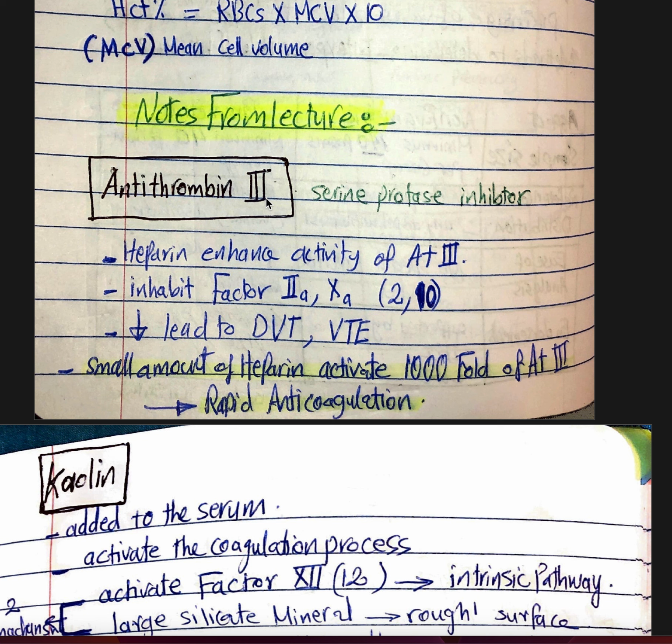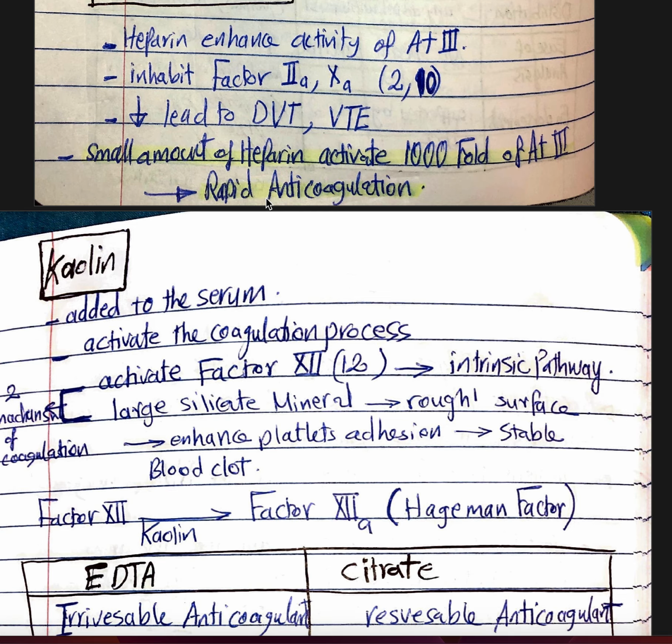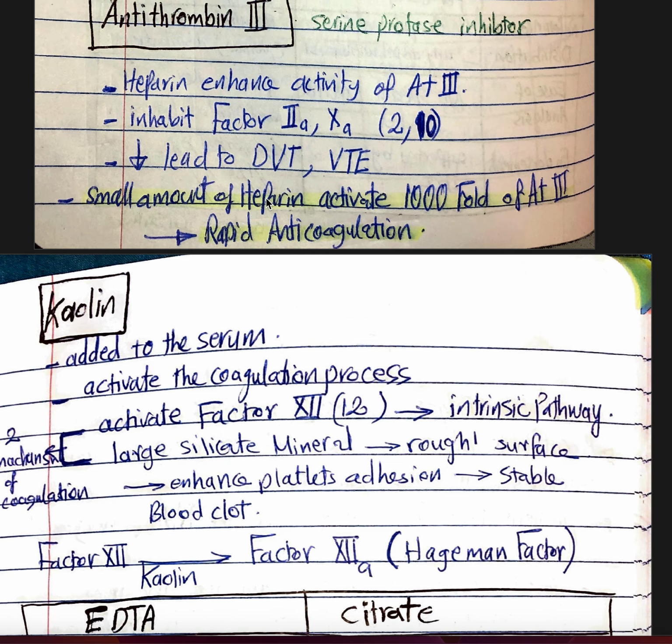It prevents the action of activated factor 2 and factor 10. The other important thing is that heparin activates the action of antithrombin 3, so even a small amount of heparin leads to activation of antithrombin 3 by a thousandfold. Imagine that. And there is another name, serine protease inhibitor.